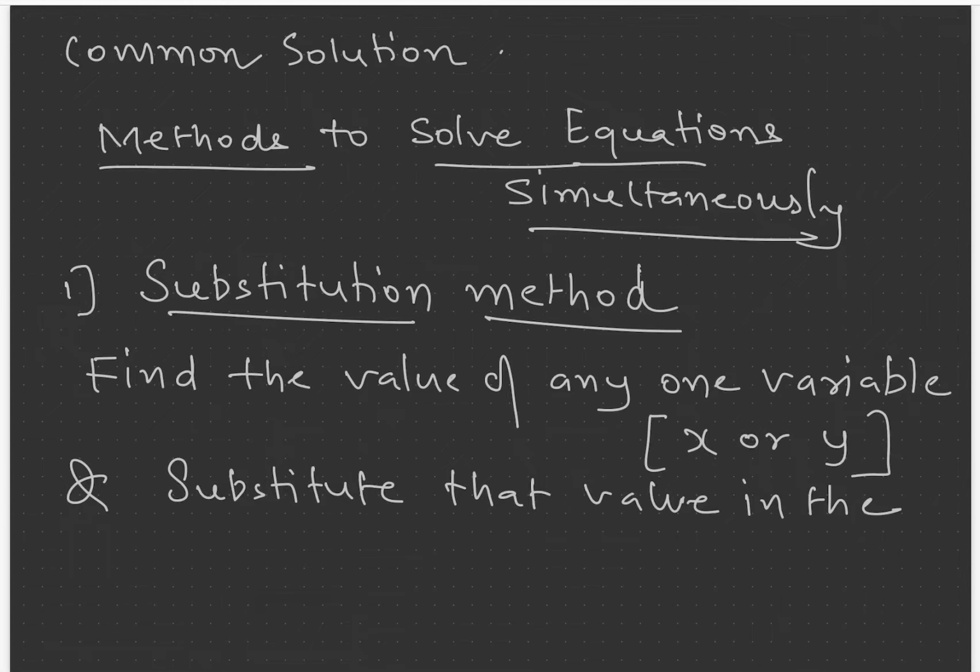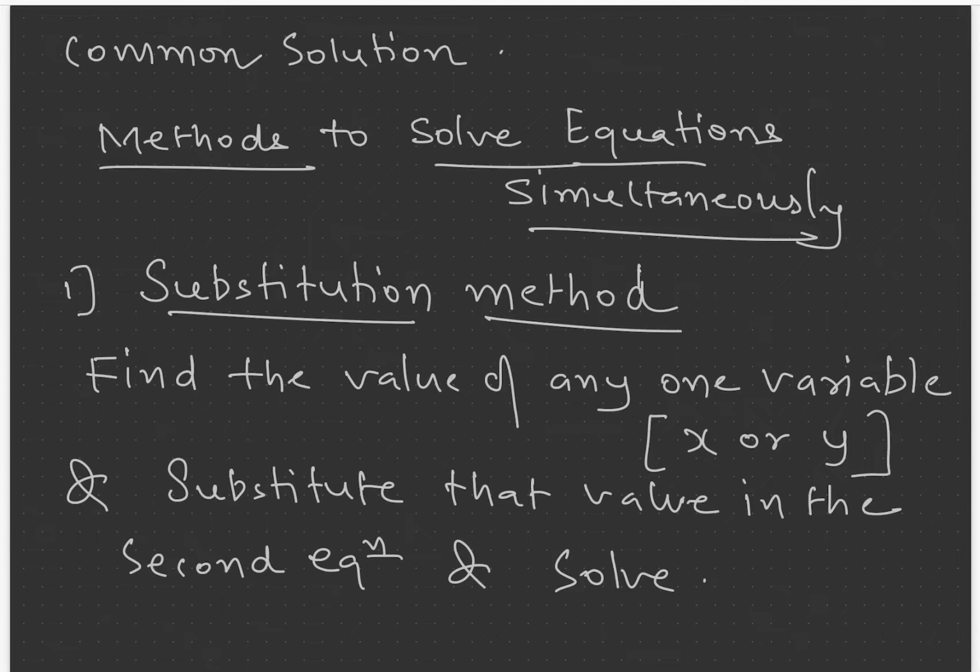So find the value of any one variable x or y from the first equation and substitute that in the second equation and then solve. So this is the method.